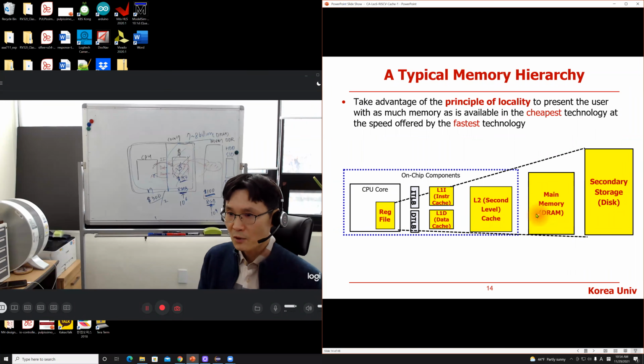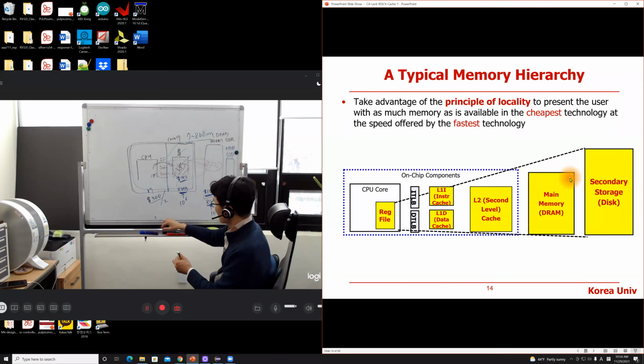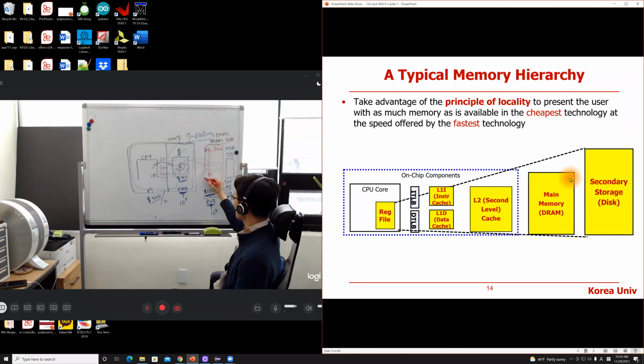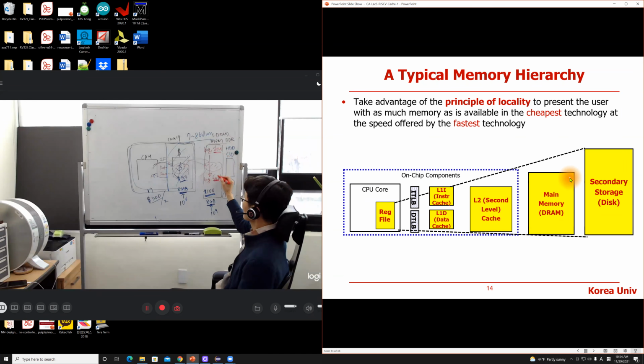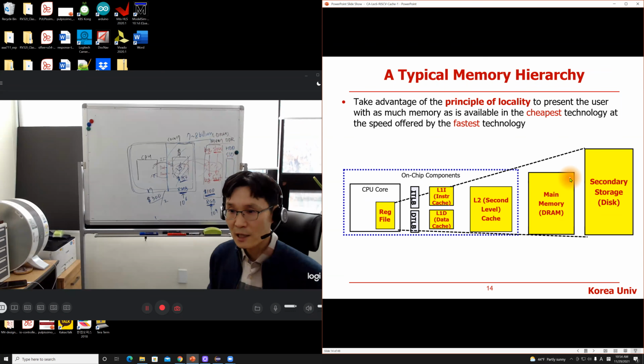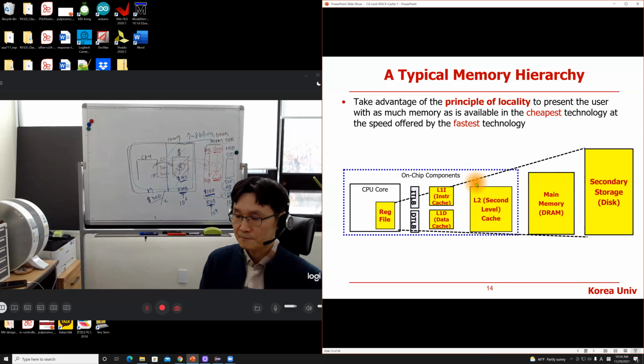Even though I have a very big but slow main memory, the illusion is I feel like I have a very big and also super fast main memory, same size, by placing this cache. That is the purpose of placing the cache.